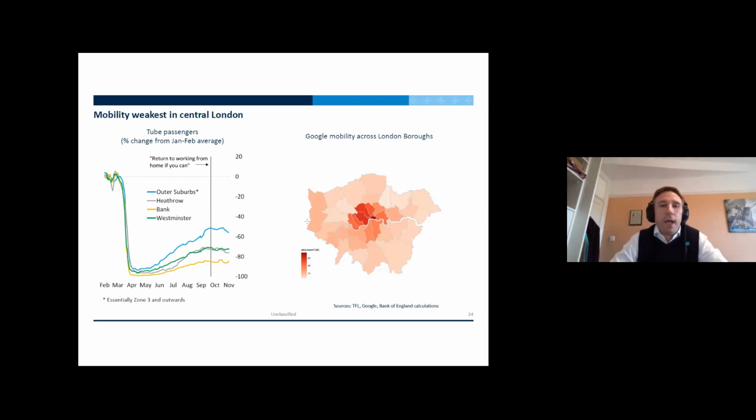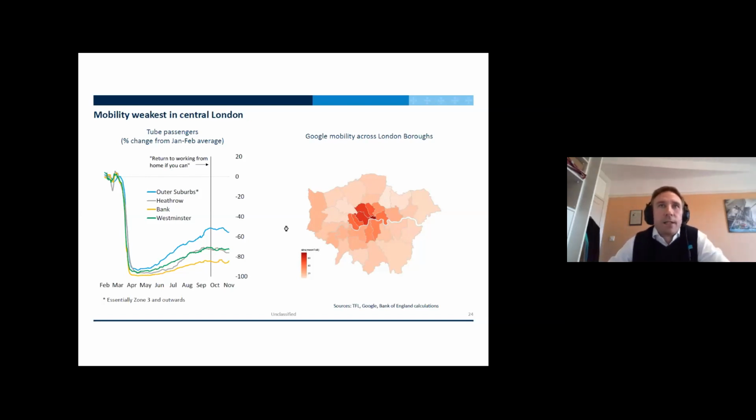So what I've just shown here are, again, only a few of the available indicators out there. There's Facebook mobility data, Citymapper, TomTom, Boris Bikes, Department for Transport data, carbon dioxide emissions. There's loads of stuff out there which you can try and draw together to pull out some themes.